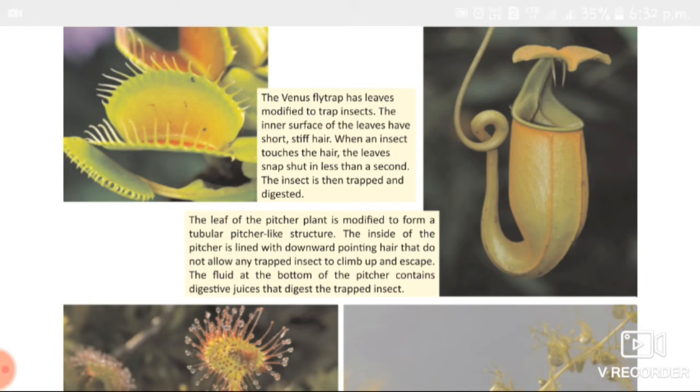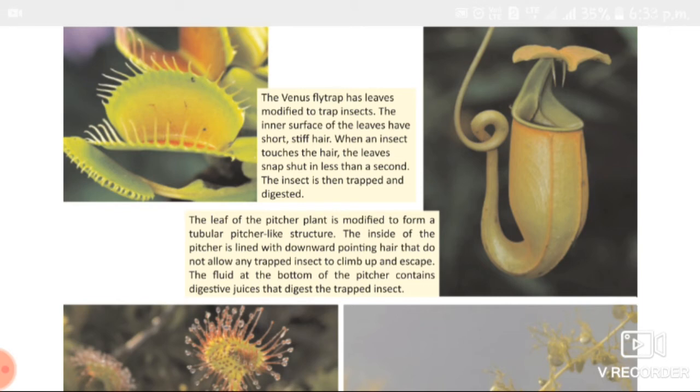And the second picture is pitcher plant. When an insect falls into the vase-like structure, automatically it will be closed. After that, because it has digestive juice in it, the insect will be stuck in the digestive juice. After that, this insect cannot come outside.